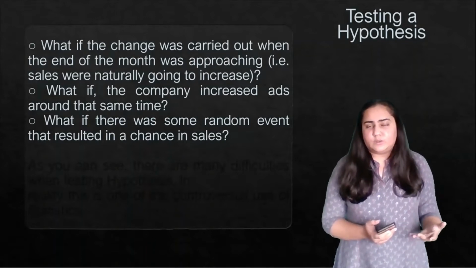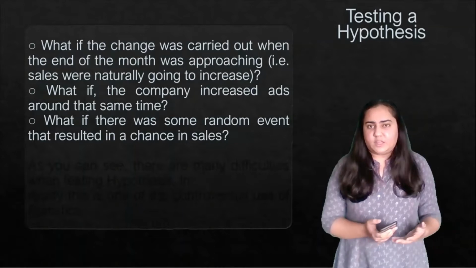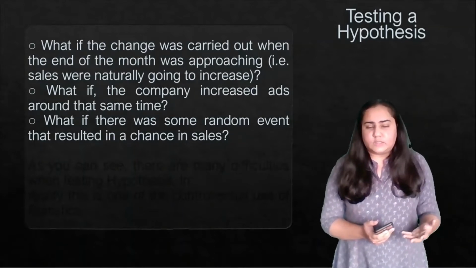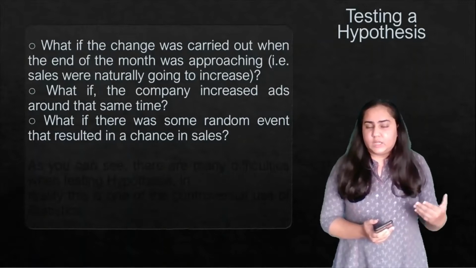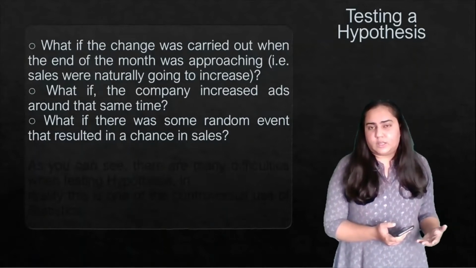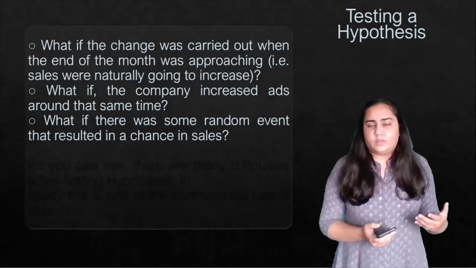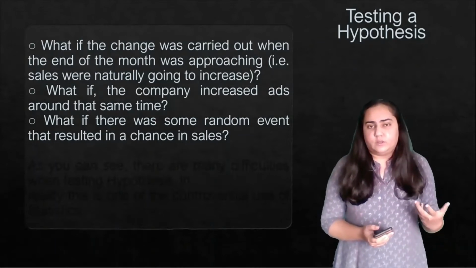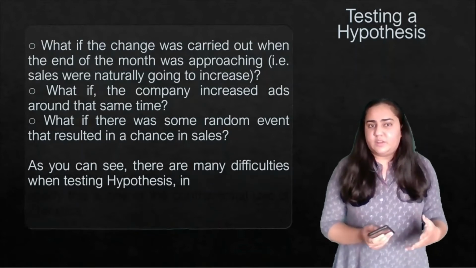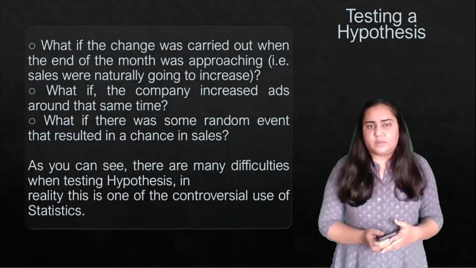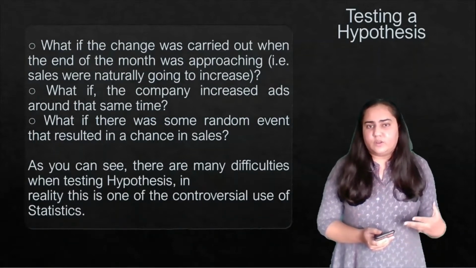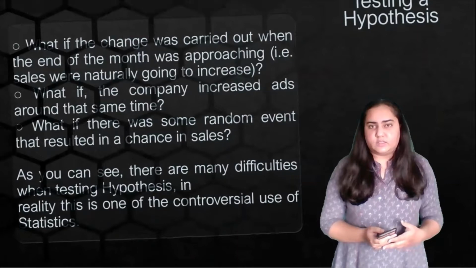There could be any random event occurring because of which the sales increased. So you need to prove that your sales increased because you changed the color of the cart button on your e-commerce site. So there are many difficulties while testing a hypothesis in reality. And this is one of the controversies that you might face in statistics.